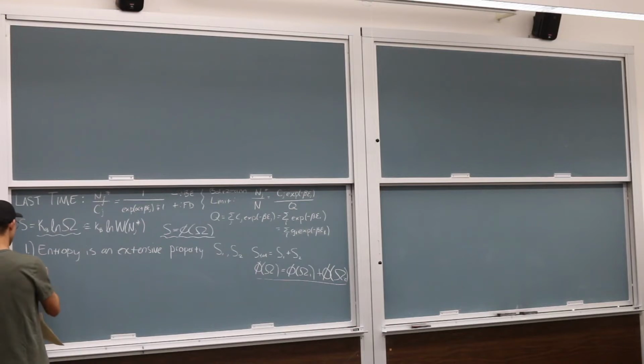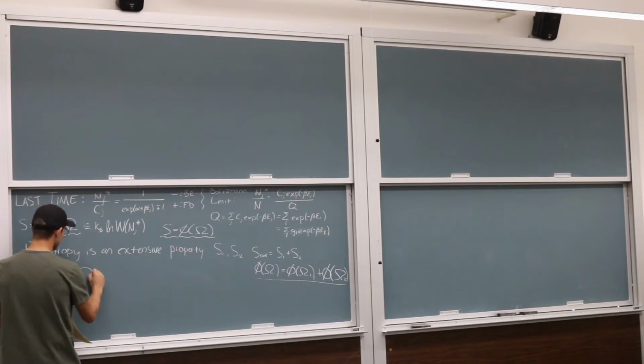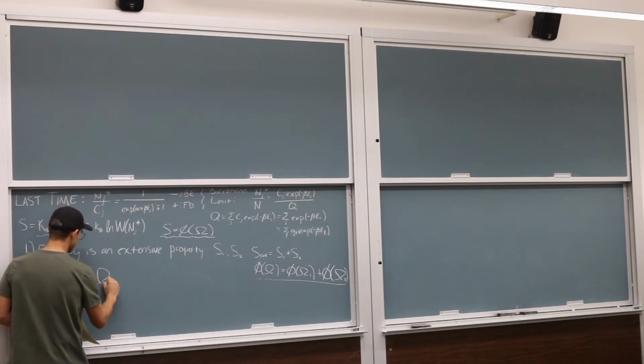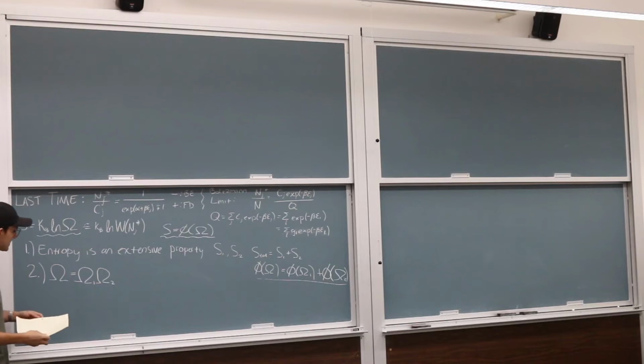The other thing that we know is that the multiplicity of the composite system is equal to the product of the multiplicities of the two subsystems. Okay, just from enumeration, from statistics.